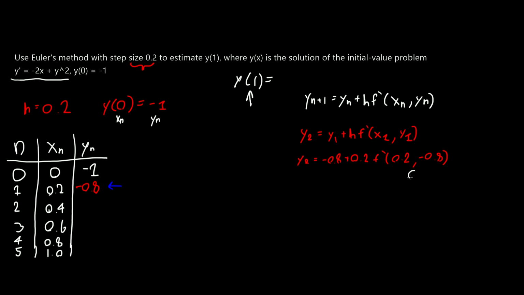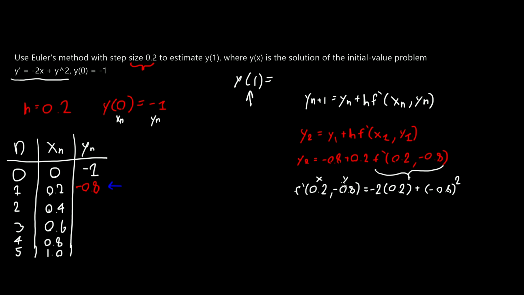So like before, I am going to solve for the f prime really fast. So we have f prime of 0.2, negative 0.8. So this is going to equal, remember that this is our x and this is our y. So we're going to have negative 2 multiplied by x, which is 0.2, plus y squared. Y is negative 0.8, and that's going to be squared.